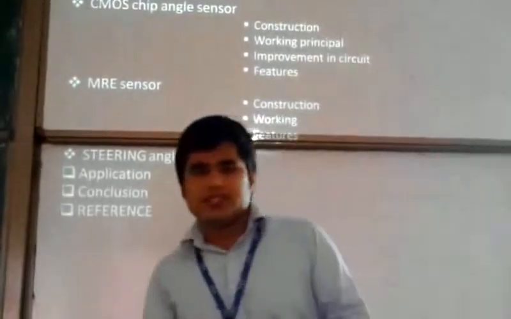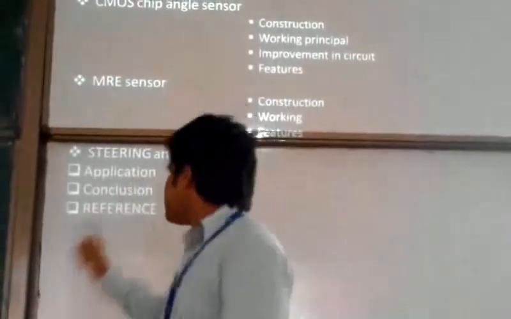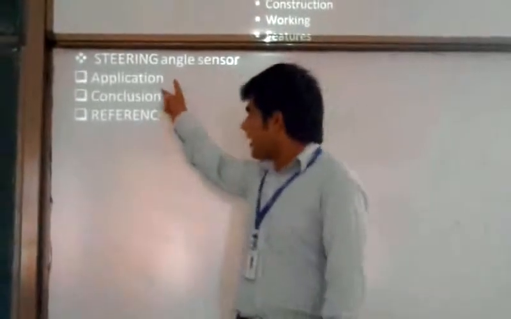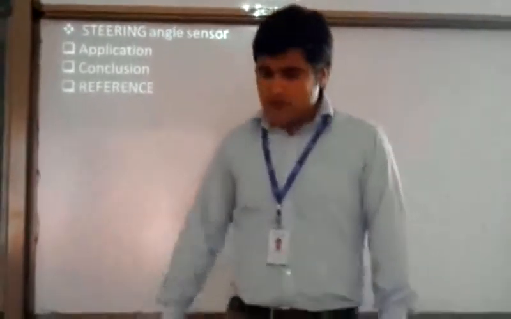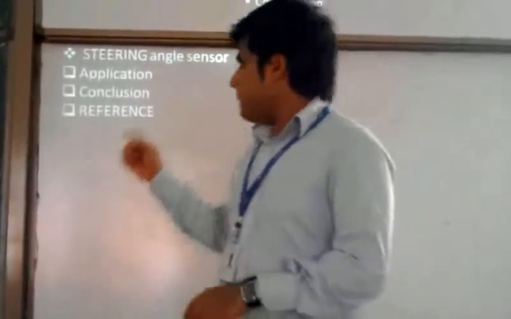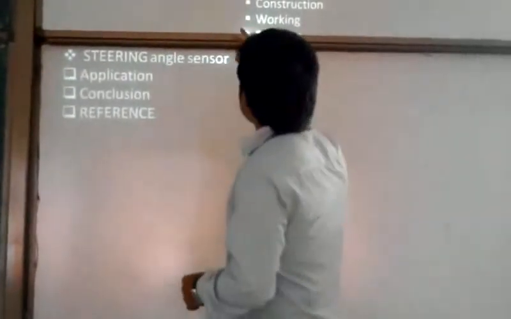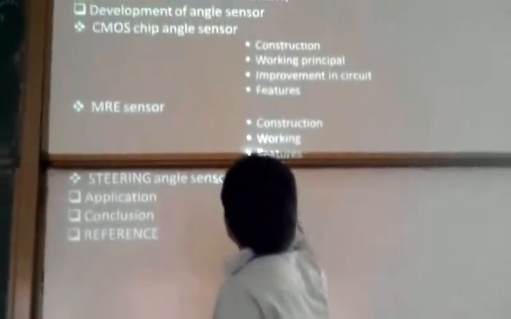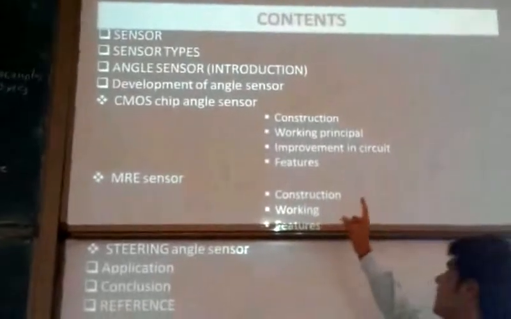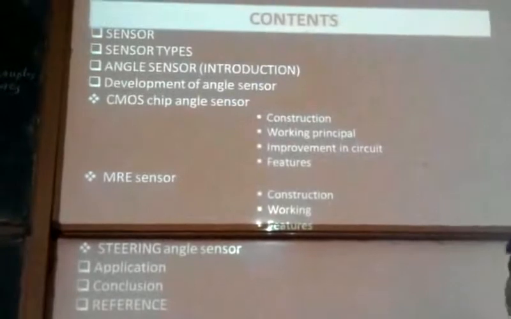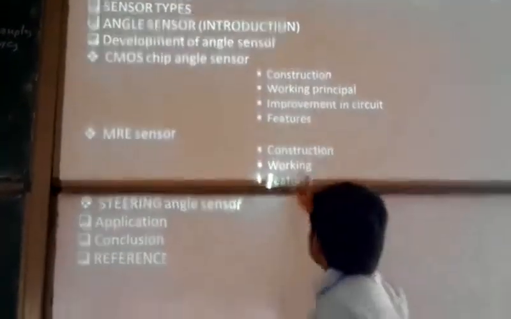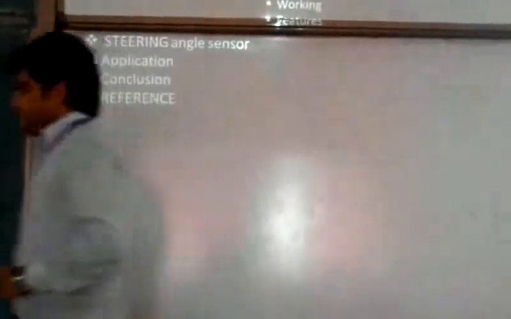After this, the development of angle sensor using CMOS chip and MRE sensor, and the last one is steady angle sensor. After all of this, we discuss applications, then conclusion and reference. For CMOS chip and MRE sensor, we also explain construction, working principle and features. And for CMOS chip, we also discuss the implemented circuit.